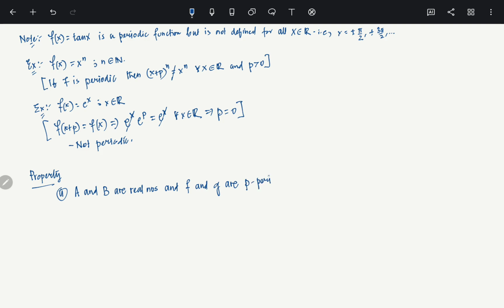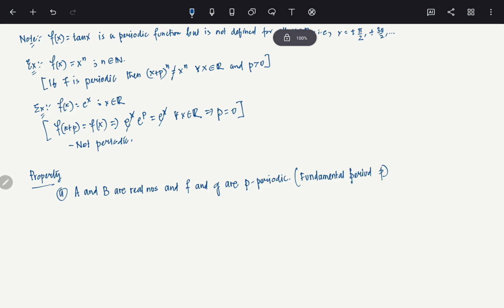P-periodic means these are periodic functions with the fundamental period being p. So the fundamental period of both the functions is p. That is what it means for a function to be p-periodic. This is just a short way of saying this.